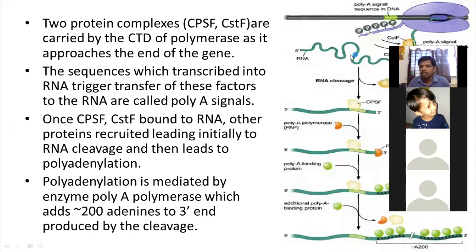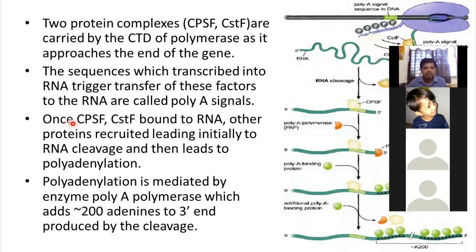Now see here that the C-terminal domain is already phosphorylated. This is phosphorylation of the second serine amino acid. And here the two factors, CSTF and CPSF, are joined with this mRNA.